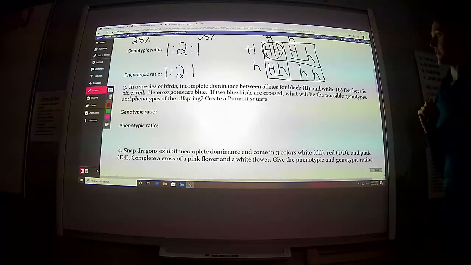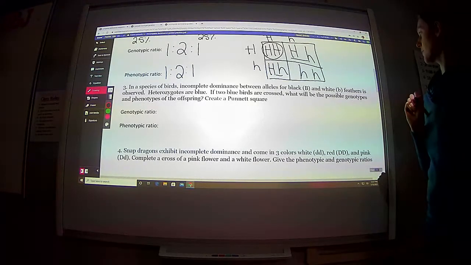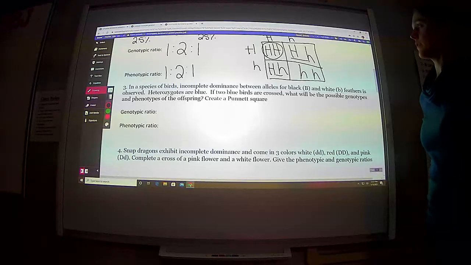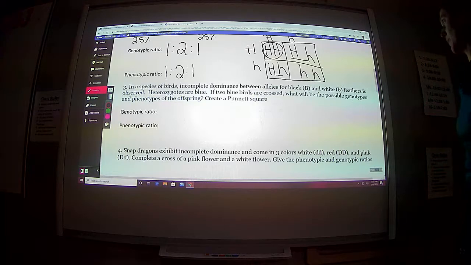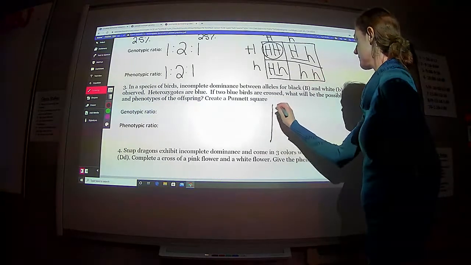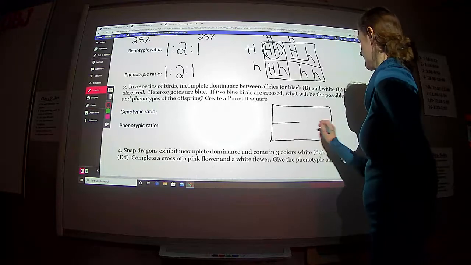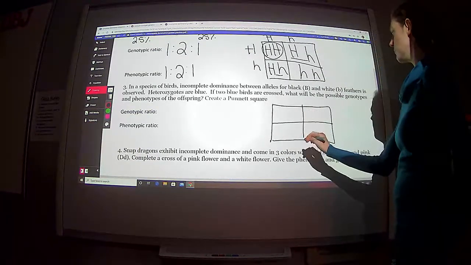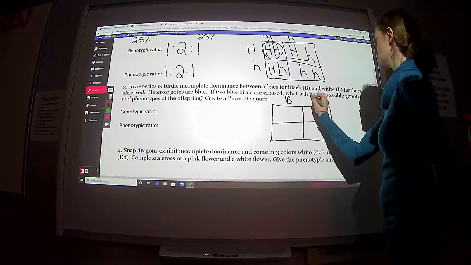In a species of birds, incomplete dominance between alleles for black and white feathers is observed. Heterozygotes are blue. If 2 blue birds are crossed, what will the possible genotypes and phenotypes of the offspring be? Two bluebirds. So those are going to be our heterozygous birds.